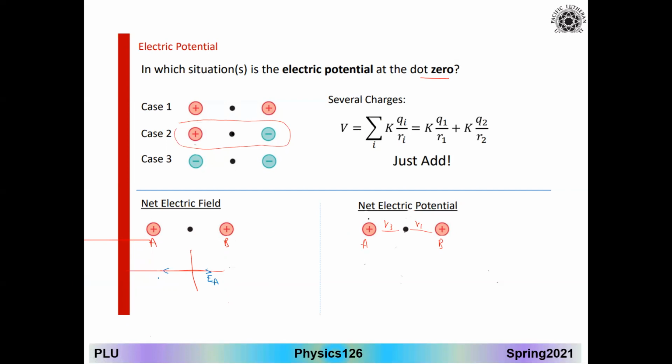Here the electric field comes from charge B, and the net electric field will be 0 since they point toward the center.